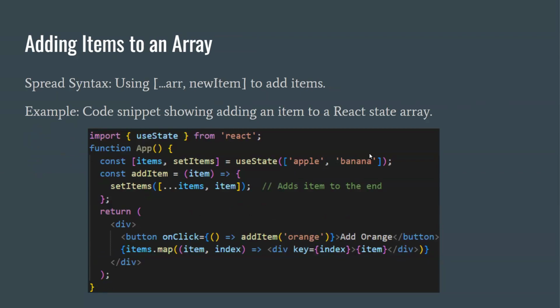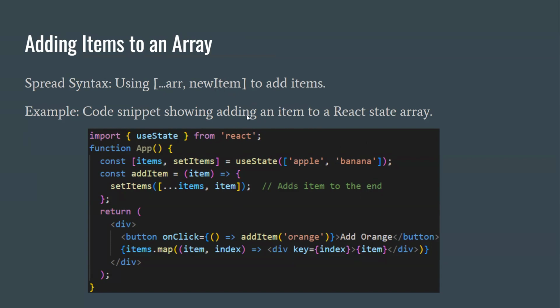Adding items to an array. When adding items to an array in React, the spread syntax is really useful. For example, to add an item at the end of an array, you can use the spread syntax ..., name the array, and add the new item.